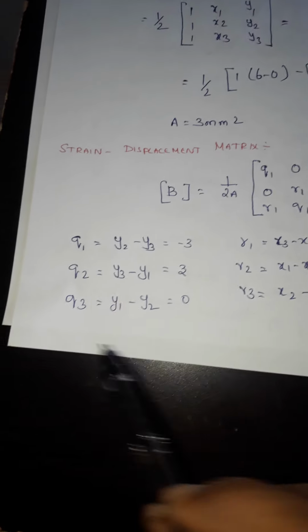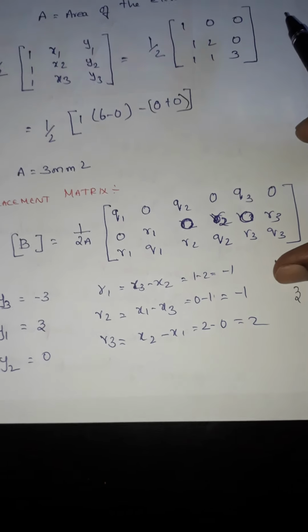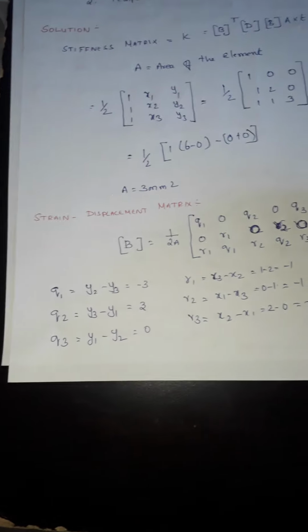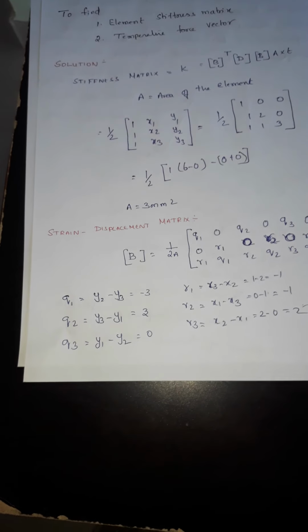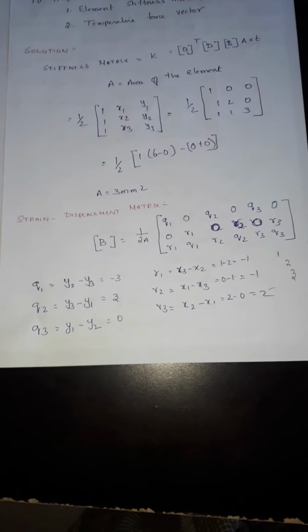For Q2, cover 2, and the remaining 3 and 1 give y3 minus y1. For Q3, cover 3, and the remaining is y1 minus y2. This is a way of logic to memorize the Q1, Q2, Q3 values.